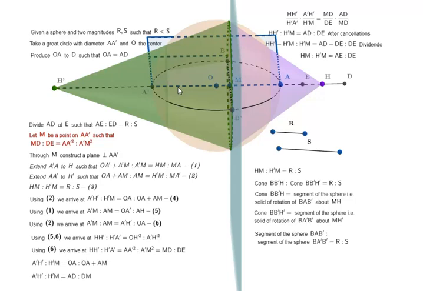I'm also going to leave it as it is. But since it is actually not provided by Archimedes himself, but other authors have provided the solution for this, how to find M, maybe later at some other point in time, I will make another video on this specific aspect. So that is proposition number 4 of the works of Archimedes, specifically from book 2 of On the Sphere and Cylinder.